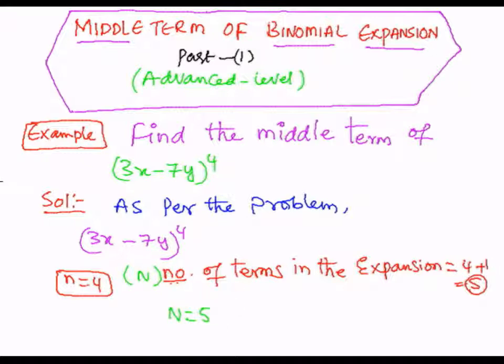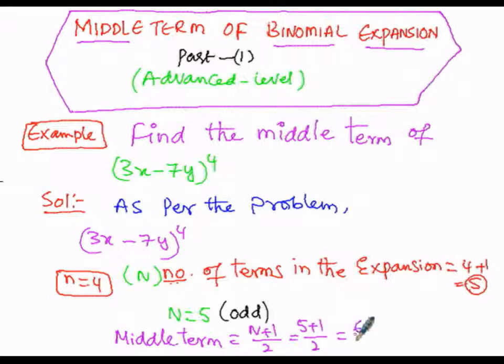But we know that 5 is an odd number. When the number of terms in the expansion is 5, that is an odd number, capital N is odd, then the middle term is given by the formula: middle term equals (capital N plus 1) divided by 2, that is (5 plus 1) divided by 2, that is 6 divided by 2.